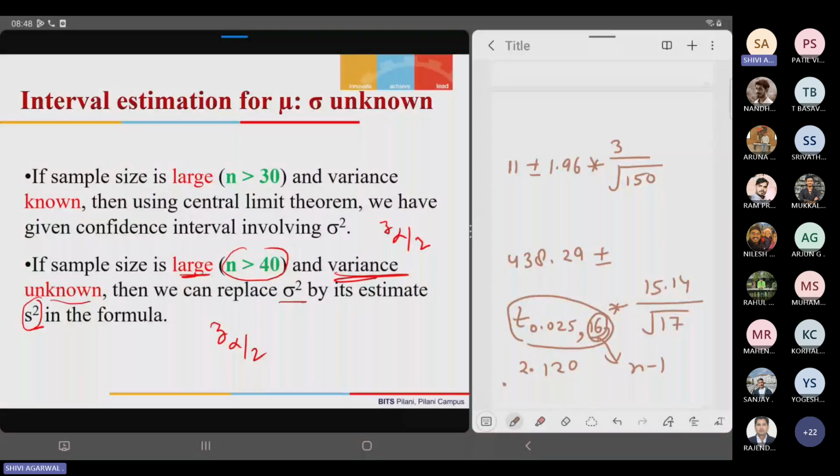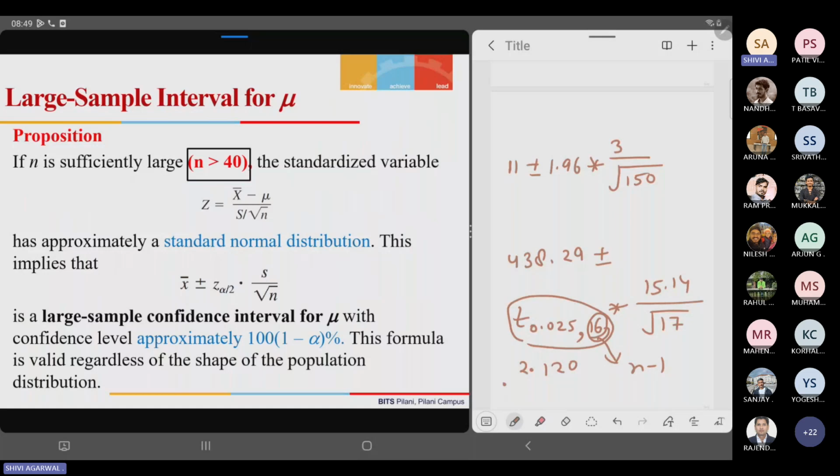Only in one case are we using the T distribution: when n is less than 30, the population is normal, and sigma is unknown. Otherwise we are using the Z distribution.